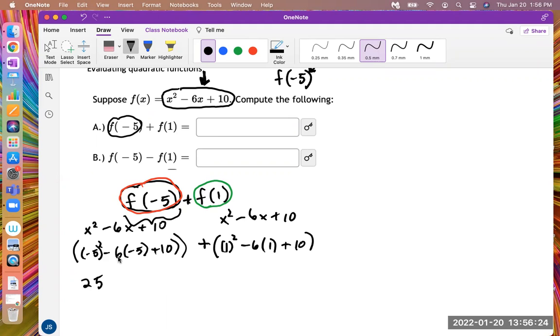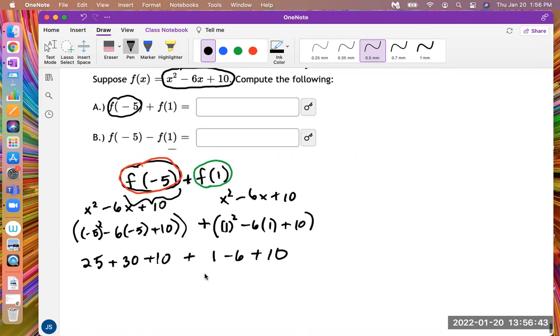And then -6 times -5 is a positive 30, plus 10, plus everything over here. So 1 squared is 1, minus, and -6 times positive 1 is -6, plus 10. Now I'm just going to add all my positives together, and then add the negatives together and subtract.